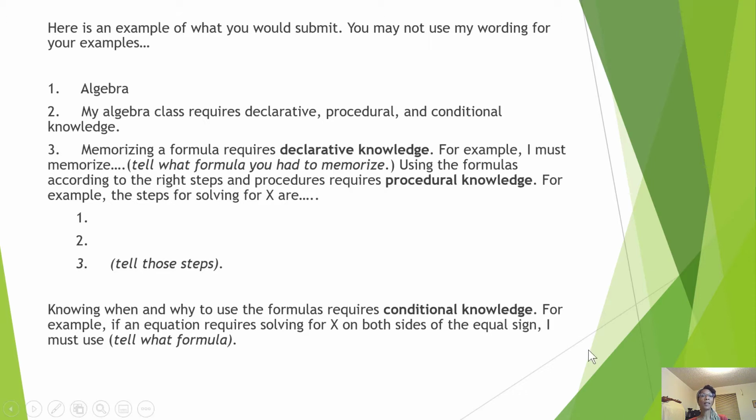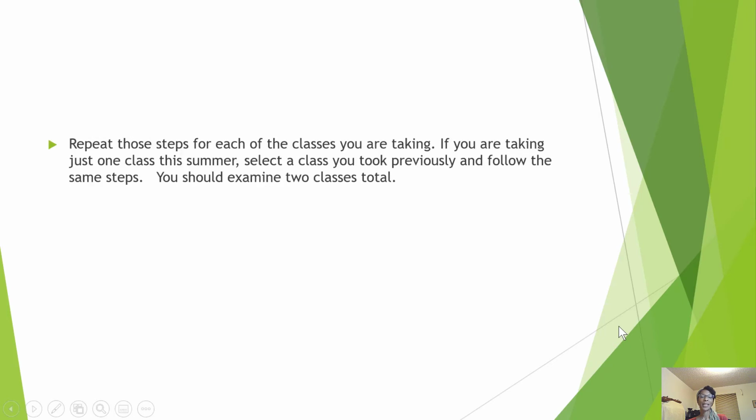You've got to put all of this information there so that you're demonstrating to me that you do have an understanding of what those 3 knowledges are and the differences among all of them. And like I said, you're going to repeat the steps for each of the 2 classes that you are currently taking, or that maybe one of them you took in the most recent past.